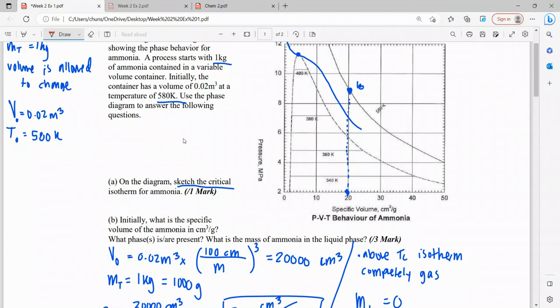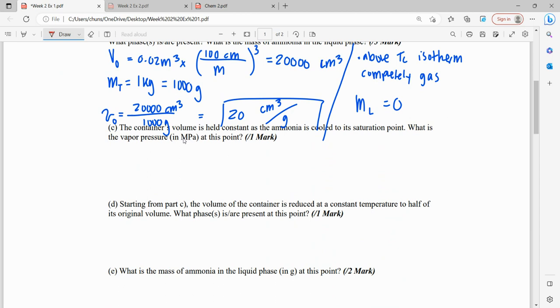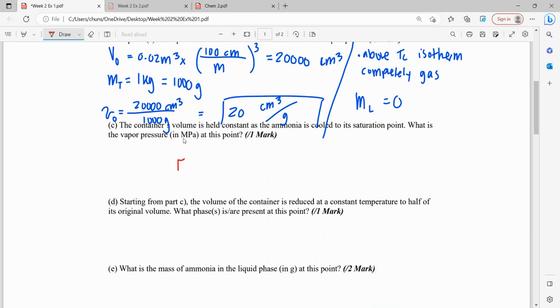If we were to cool it, that means we would be going down to the next isotherm, and we want to find its saturation point. So if we read downwards, that brings us to this point here. And when we read across, this is 5 megapascals here. That's about 5.5 megapascals.